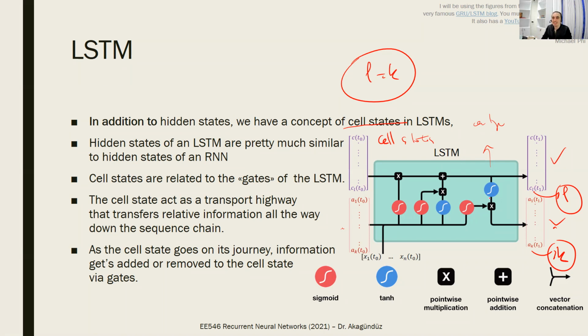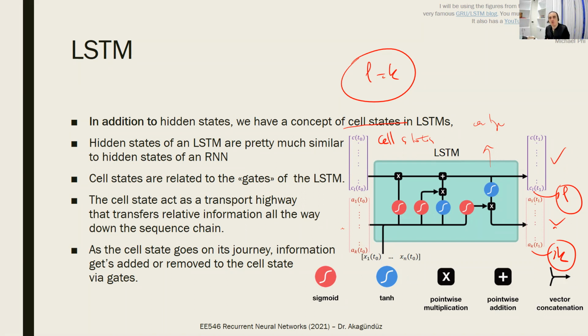That's why cell states correspond to the long-term memories, guys. So the cell state acts as a transport highway that we've talked about, that transfers relevant information all the way through the sequence chain, however long it is.